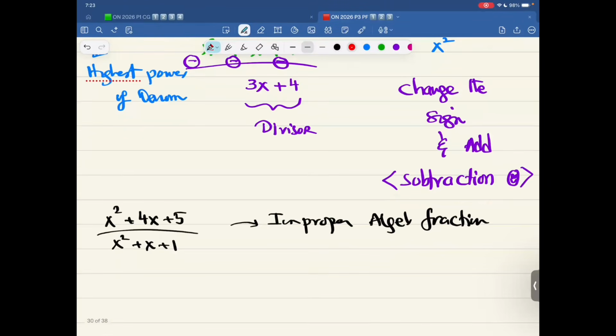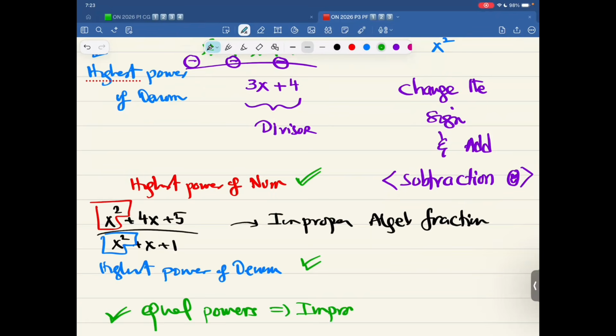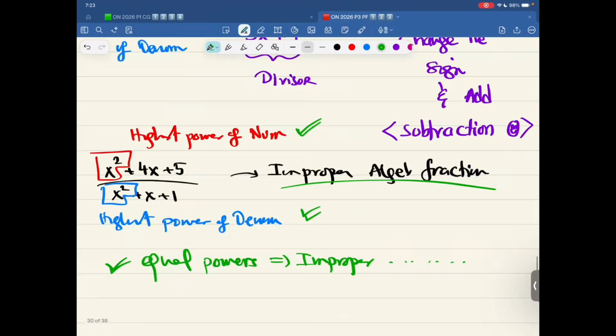Because the highest power of the numerator and the highest power of the denominator are equal. It's equal powers. So if it's equal powers, that is an improper algebraic fraction. There it is, improper algebraic fraction.